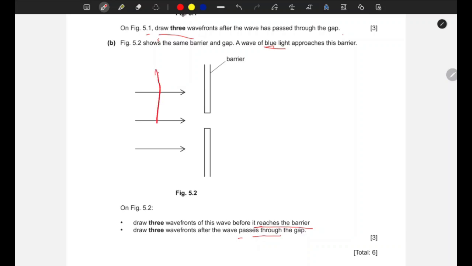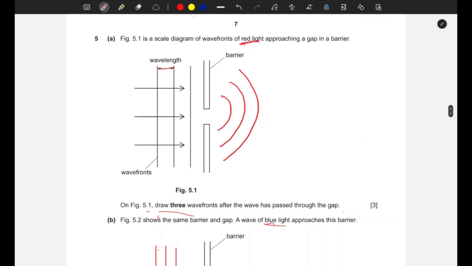So when we draw this, make sure to make the gap between the waves shorter than the one on the above picture. So yeah, this seems fair enough. Now, since this has a lower wavelength, but the gap is the same, that means they wouldn't bend as much as the red light did.